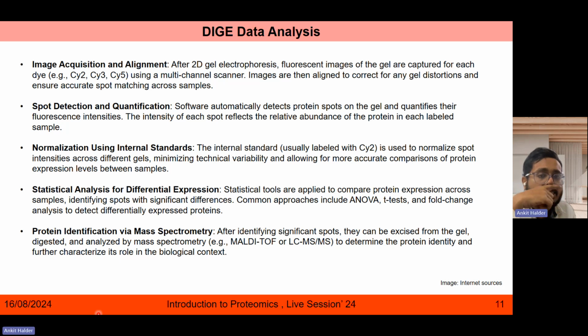Then you have the normalization using internal standards. The internal standard, which is labeled with your Cy2, is used to normalize. Again, the concept remains the same: since this is the same technical sample with a homogeneous protein mixture, the protein spots and expression should remain equal throughout.